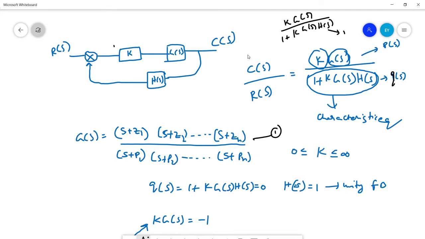If you represent the transfer function in terms of pole-zero form, it can be written as k into (s plus z1) into (s plus z2) and so on up to (s plus zn), where z1, z2, so on zn are zeros, over the poles, that is (s plus p1) into (s plus p2) and so on up to (s plus pn), where p1, p2, so on pn are poles.